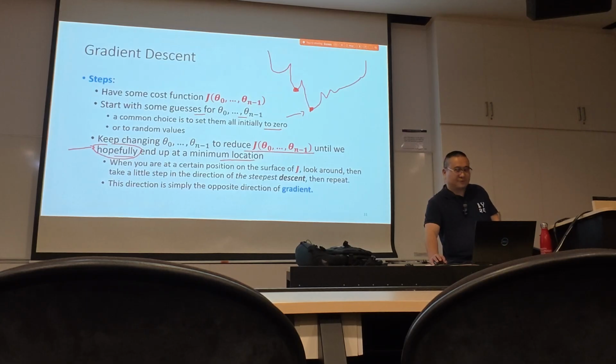No theory guarantees that when you run gradient descent, you can reach the global minimum. But highly likely, or extremely likely, you just end up with a local minimum here. Therefore, we say hopefully we end up with the minimum location.